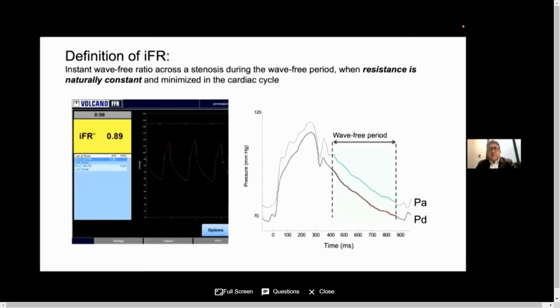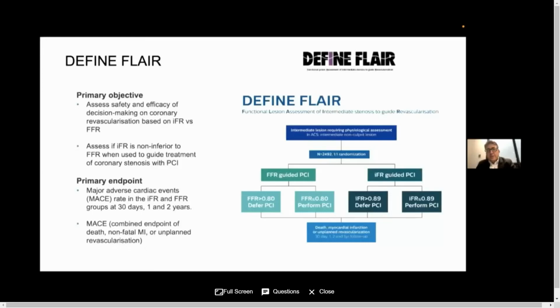So iFR moved us away from this adenosine-based measurement to a resting measurement, where measurements are made over a phase of the cardiac cycle called the wave-free period, where resistance is naturally lowest and most stable, and gives us the opportunity to make these measurements more precisely. We ran a large study, 2,500 patients, called DEFINE-FLAIR, randomizing patients one-to-one to either FFR-guided therapy or iFR-guided revascularization decision-making.